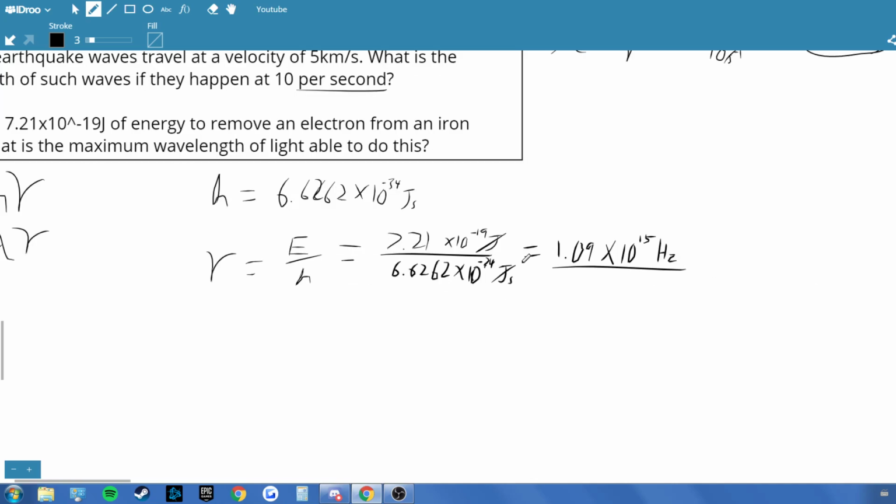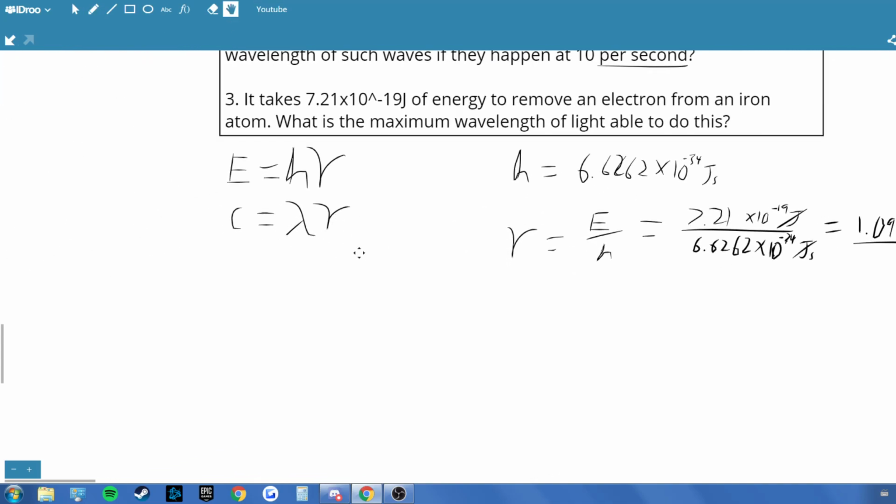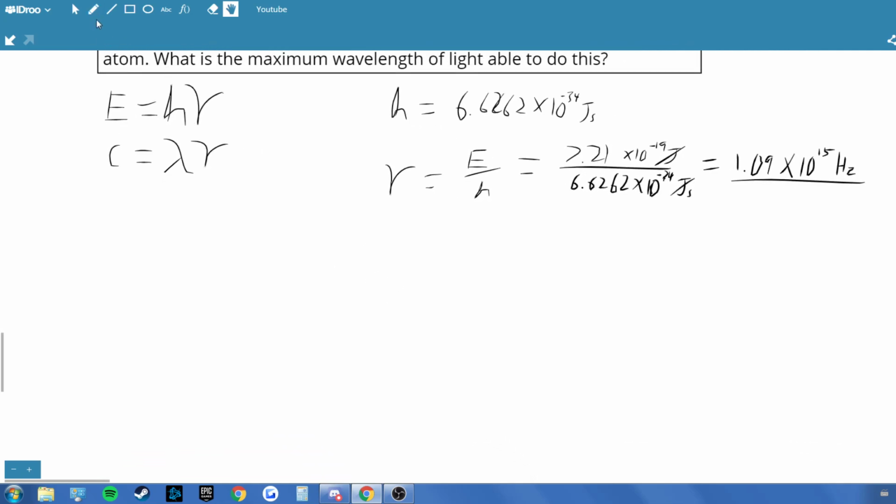Let's underline that. So now that we have that, we can plug in our numbers into the second formula. c equals lambda nu.